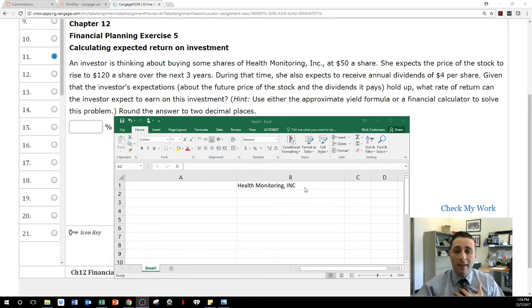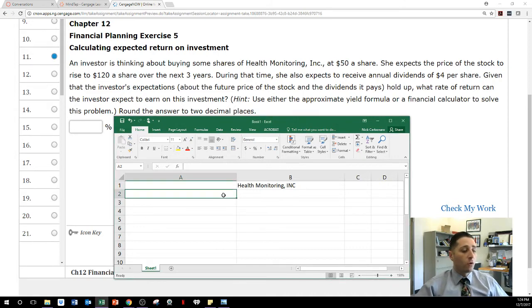The first thing I like to do is break down the way that the formula is. So we know that the formula that we're looking for is the approximate yield formula, right?